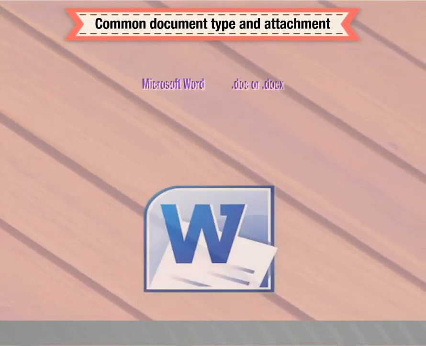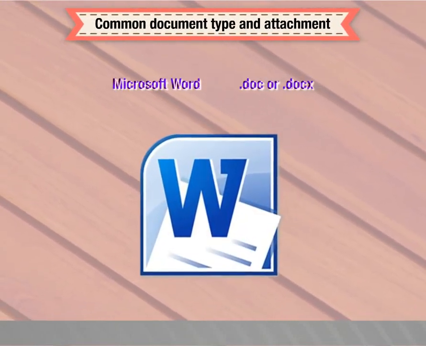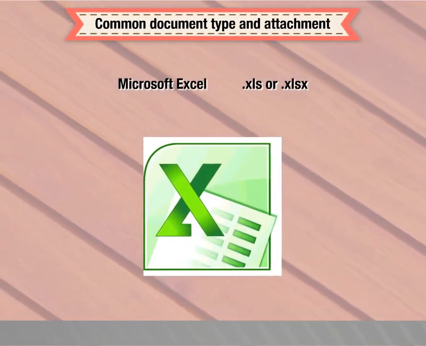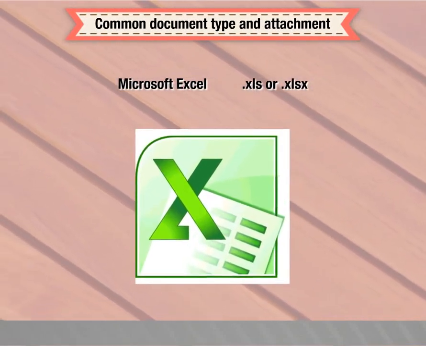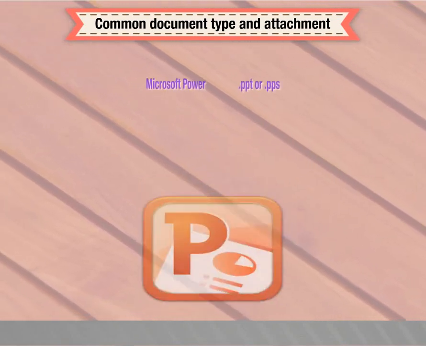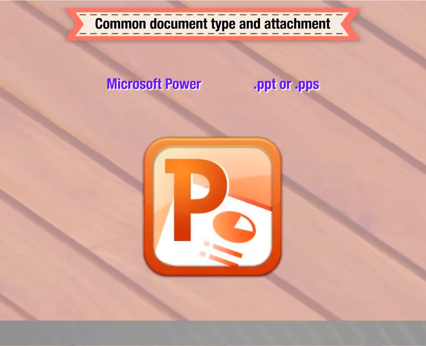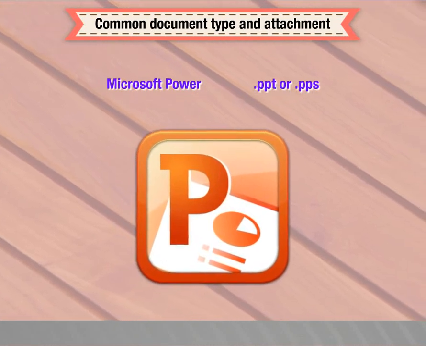Common document types and attachments. Microsoft Word, .doc or .docx. Microsoft Excel, .xls or .xlsx. Microsoft PowerPoint, .ppt or .pps.